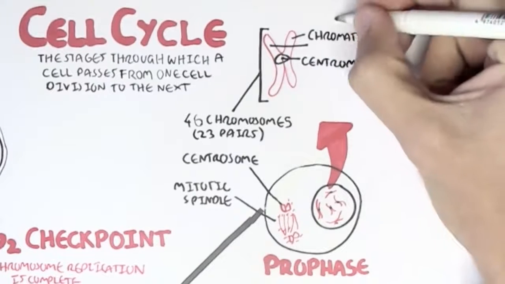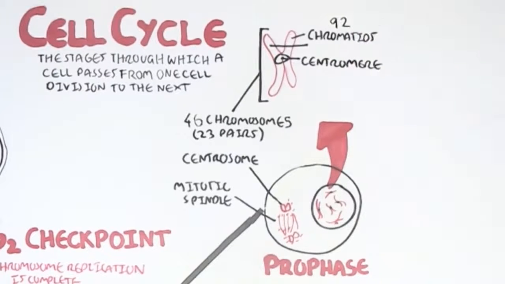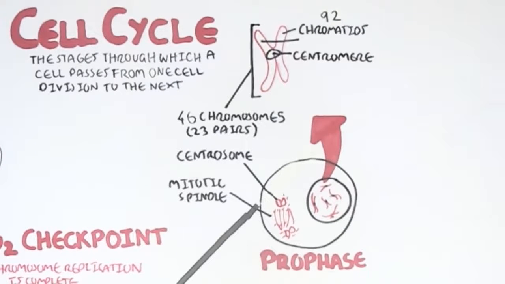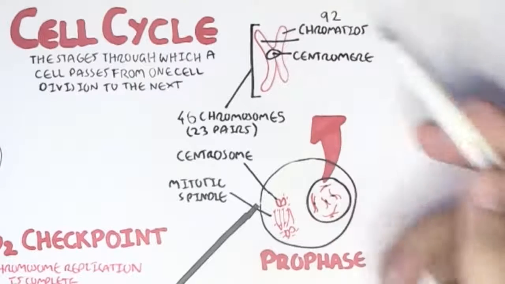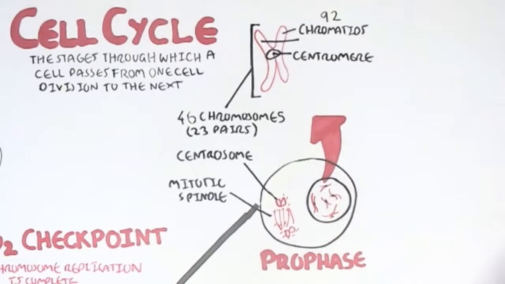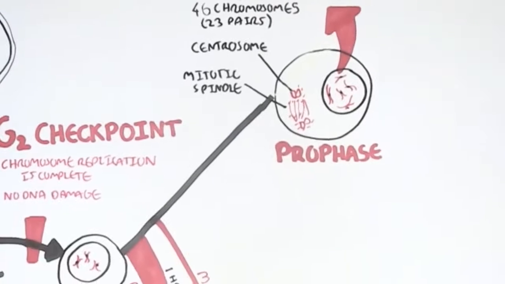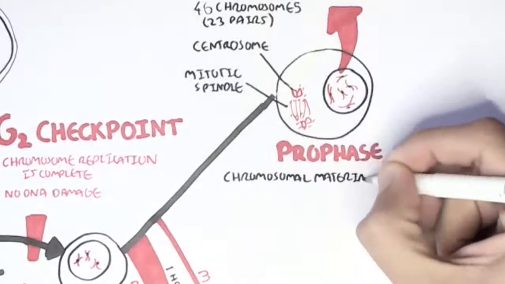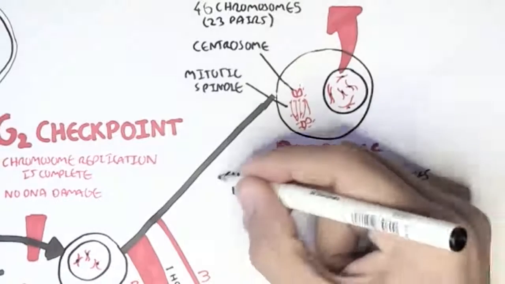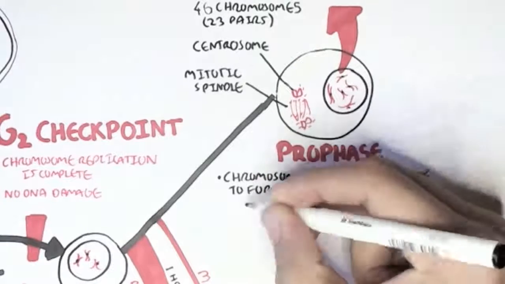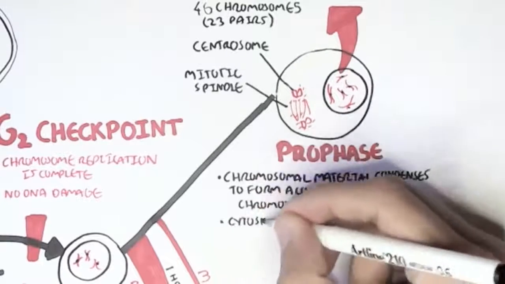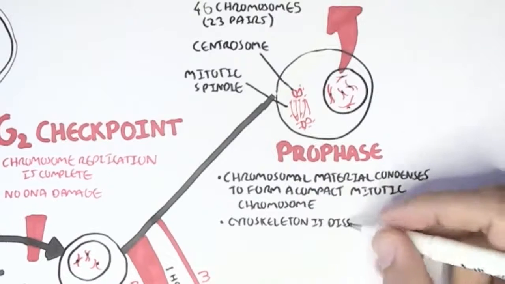This structure in the middle here, holding the duplicated chromosome together, is known as a centromere, and it is important to know. Centromere and centrosome sound familiar, but don't get mixed up. During prophase, the chromosomal material condenses to form a compact mitotic chromosome, so the chromosomes essentially become visible.